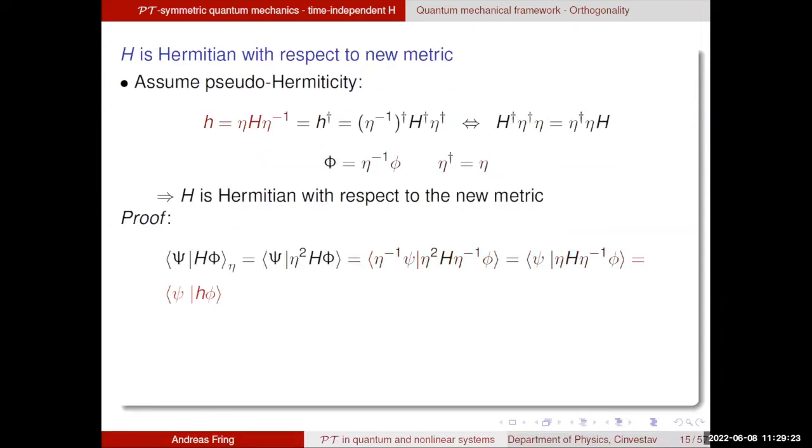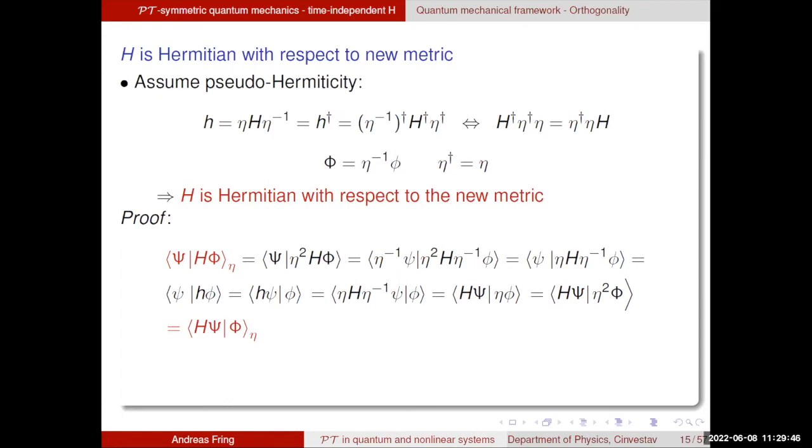And here's a little argument. I will not go through it in detail. You can easily show this, just using these properties, that this Hamiltonian is related by similarity transformation. You can show that with regard to the new inner product, this originally non-Hermitian Hamiltonian becomes Hermitian.